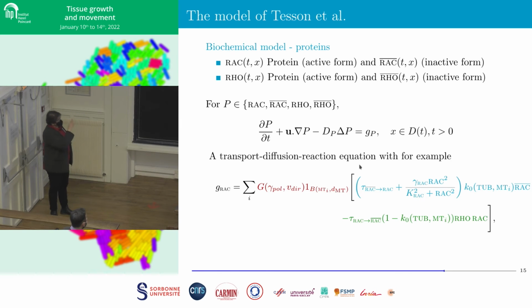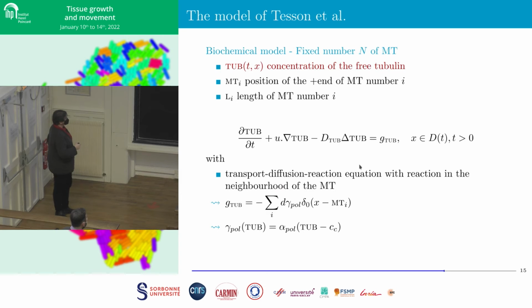So a term that is quite near to the one of Edelstein-Keshet, but with localization and competition between Rho and Rac. Now, if we look at the tubulin concentration, the tubulin concentration will follow a transport reaction diffusion equation.